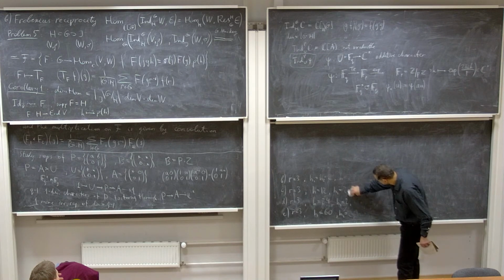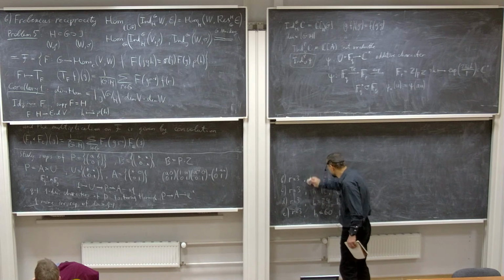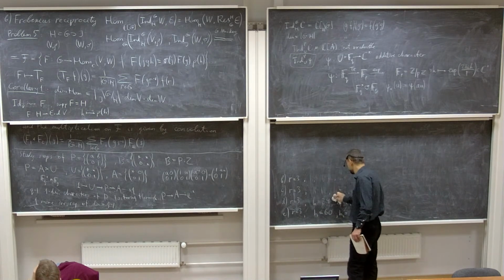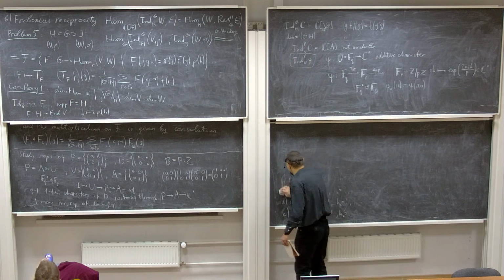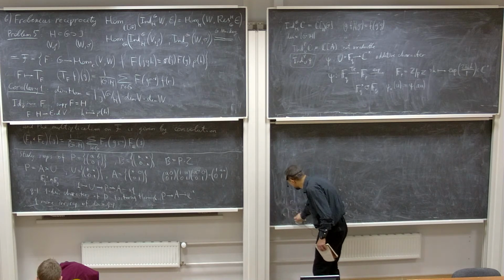If H is a normal subgroup, then from the point of view of H, these other subspaces will be just the conjugate representations.